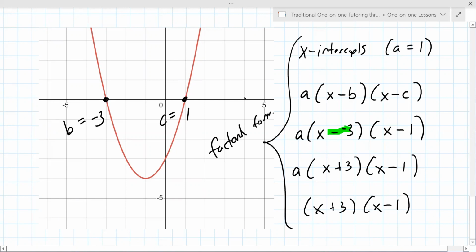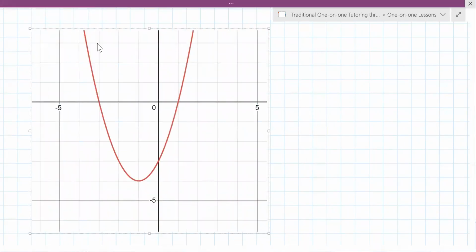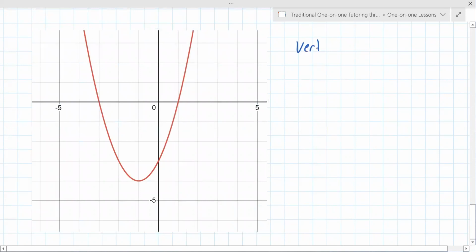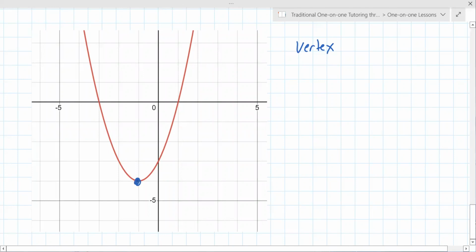Okay, so all of this that we just did is for factored form. Now let me grab the graph again. Scroll down here a little bit. Can you tell me the coordinates of the vertex? The vertex is the bottom, right? Or the top. Could be the top depending on the graph, but it is the bottom in this case. So that is 4 and 1, or 1 and 4.